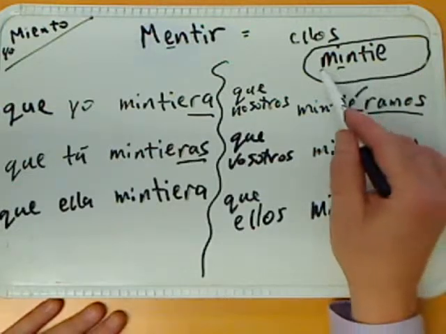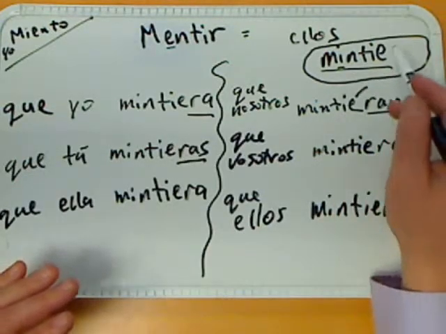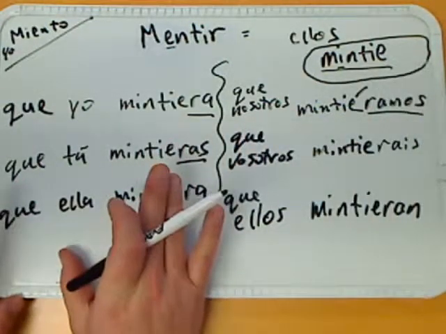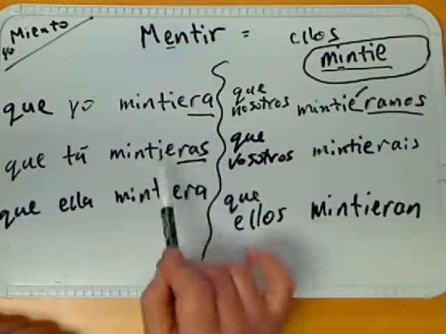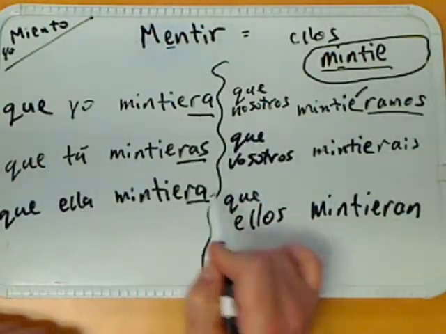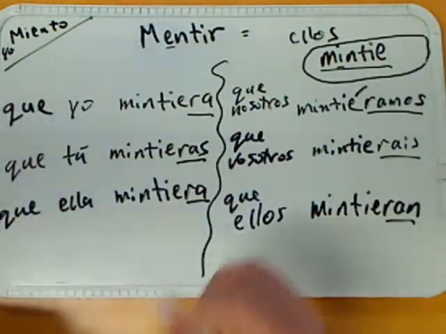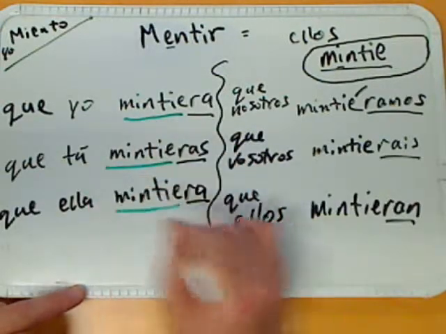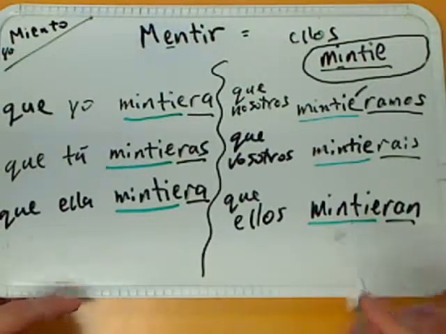That's how we get the stem mintie, which then is applied, because we said goodbye to Ron, to the imperfect subjunctive conjugation, and you can see it applied throughout the conjugation. Just to use a different color, here is the stem from the preterite ellos, ellas, ustedes of mentir.